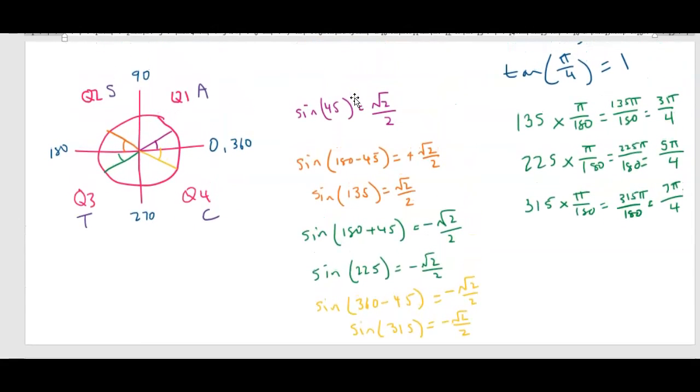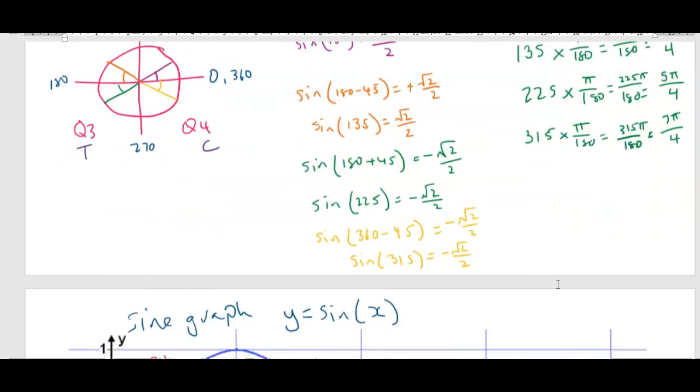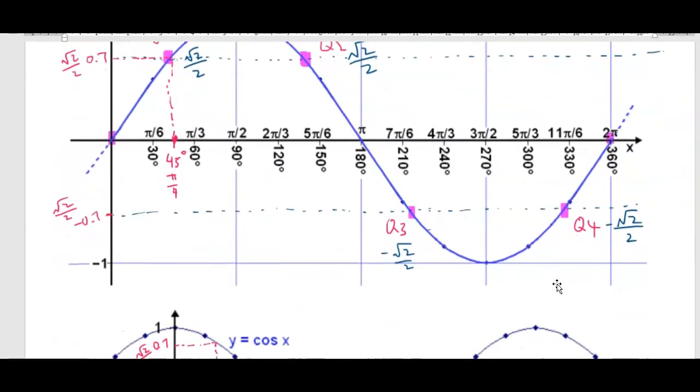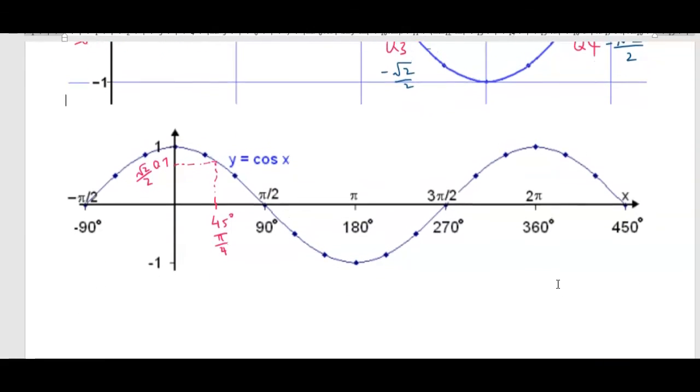Okay, so for cos and for tan, you can do the same thing. I'm not going to go through and do them all just because I want to keep the video relatively short. But with your cosine graph, you can see, actually I might just highlight here. There's your first solution and your second solution is roughly here.